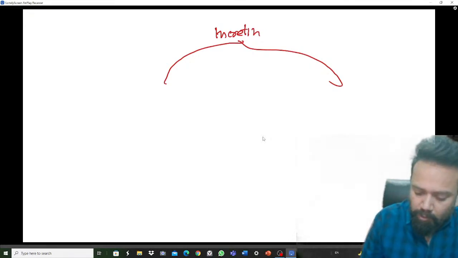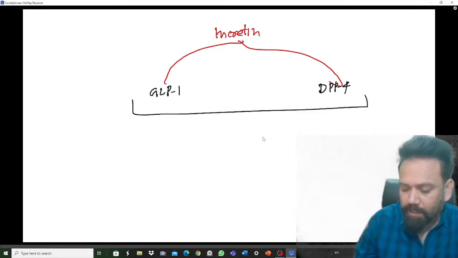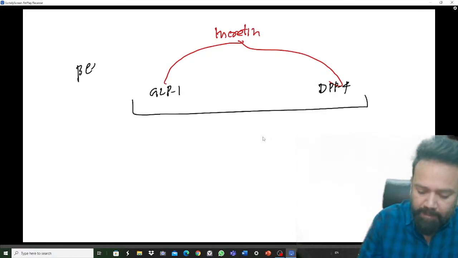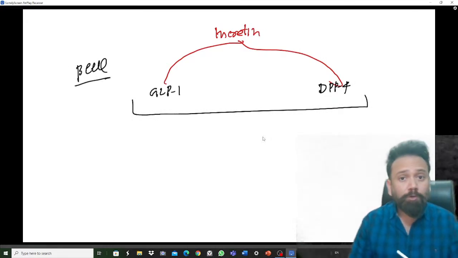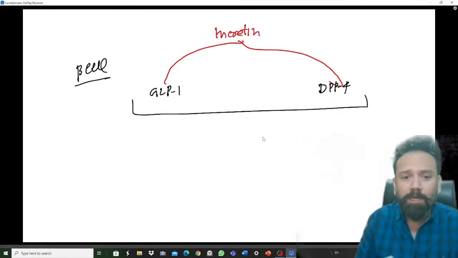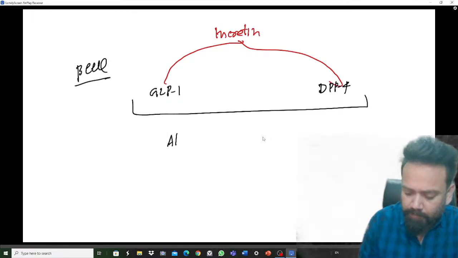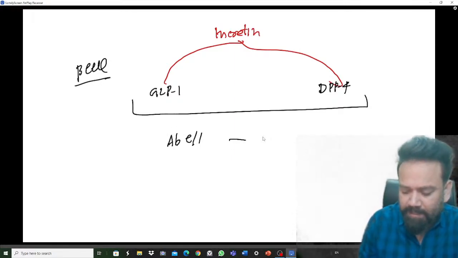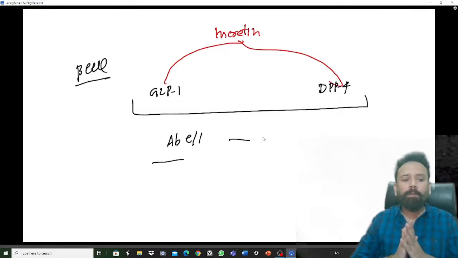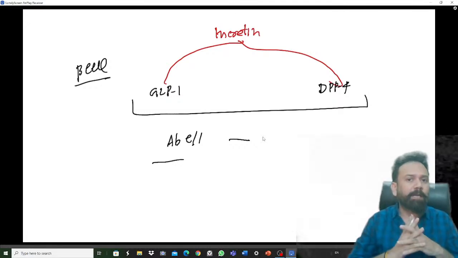Anyway, this is your GLP-1 agonist. This is your DPP4 inhibitor. These act on the beta cell of the pancreas. So, which is the only absolute contraindication of these drugs, doctor? By understanding this simple physiology, what can be the absolute contraindication for these incretin hormones?